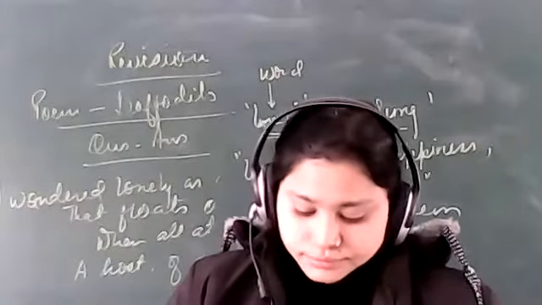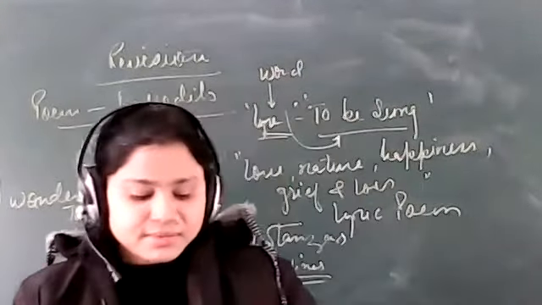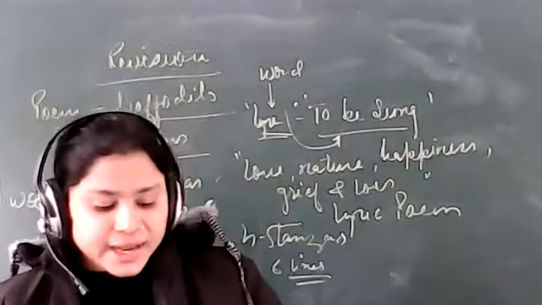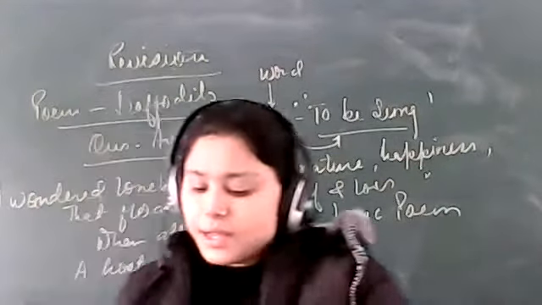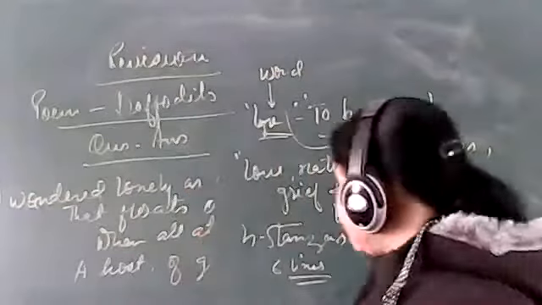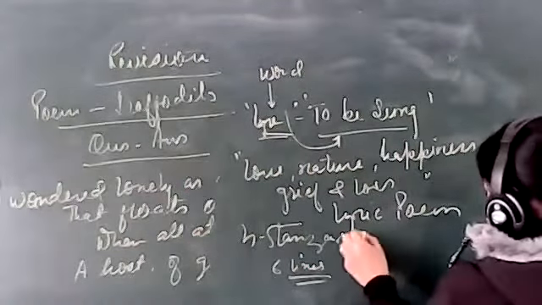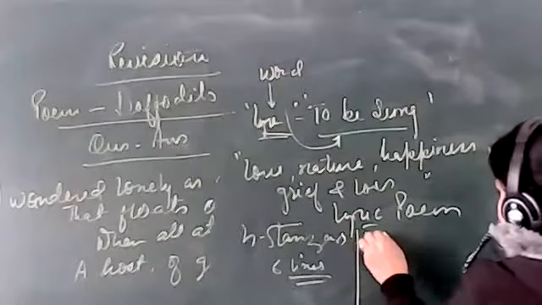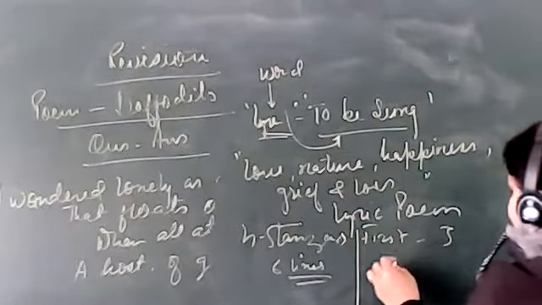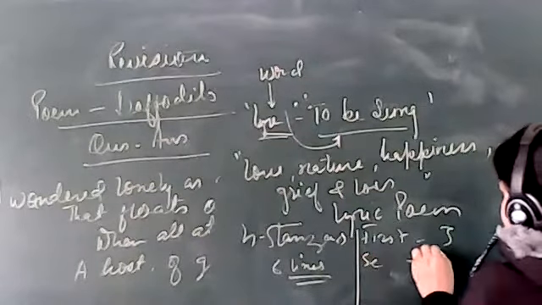In each stanza, the rhyming scheme is such that each stanza ends with a rhyming couplet. Now see, the first line rhymes with the third line, and the second with the fourth line.